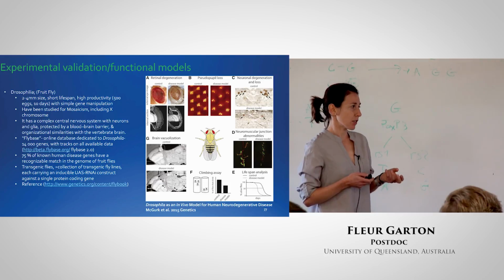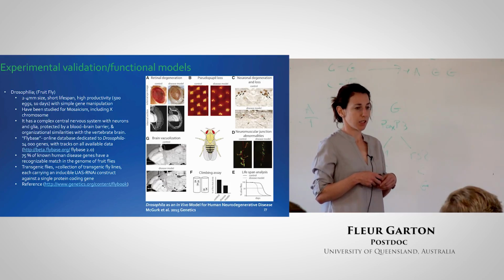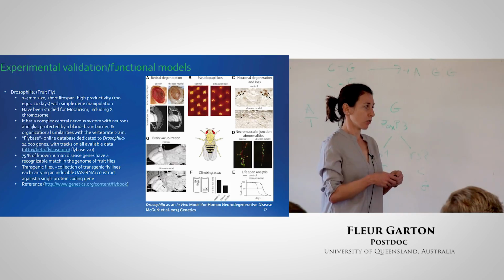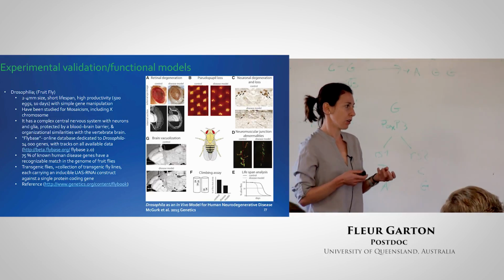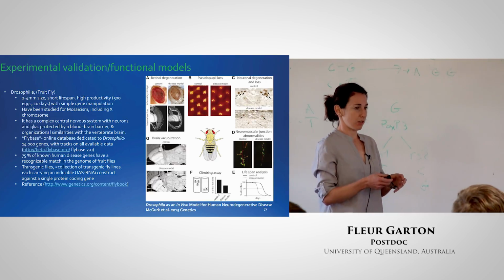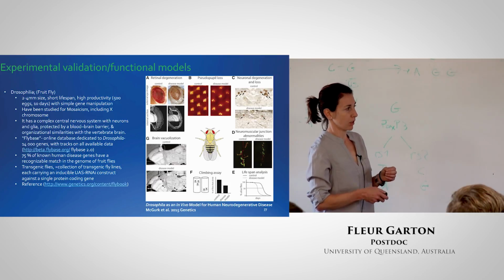There's transgenic flies, so these are a collection of fly lines, each carrying an inducible RNA construct against a single protein coding gene. So these are essentially knockdown fly lines. And there's also a link there to look at that.